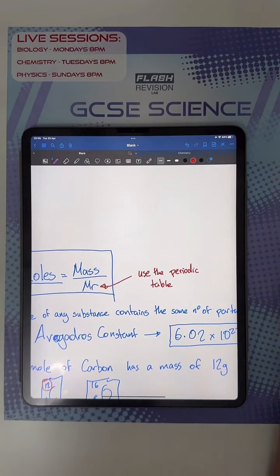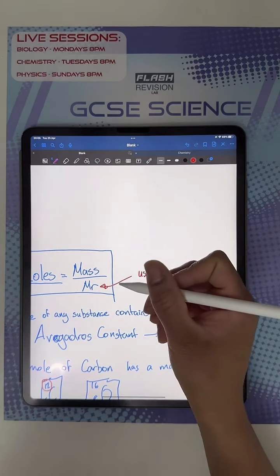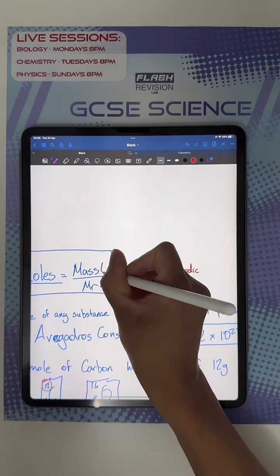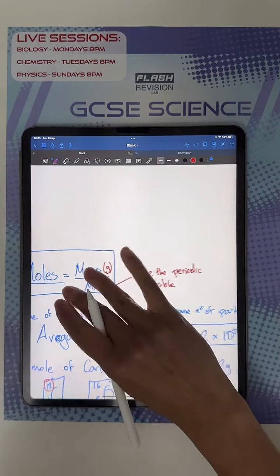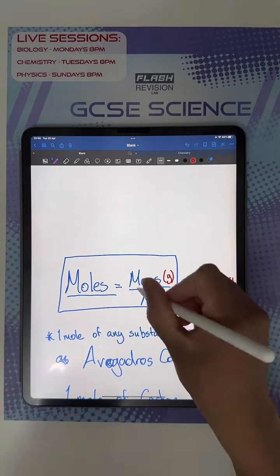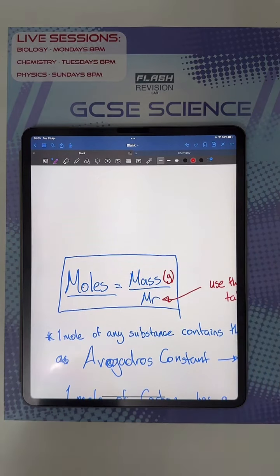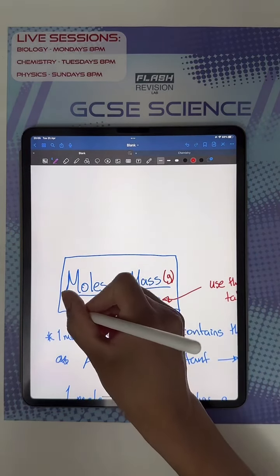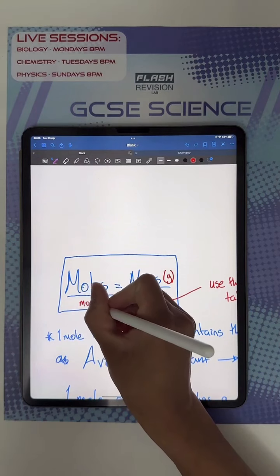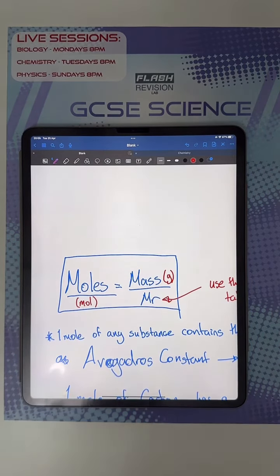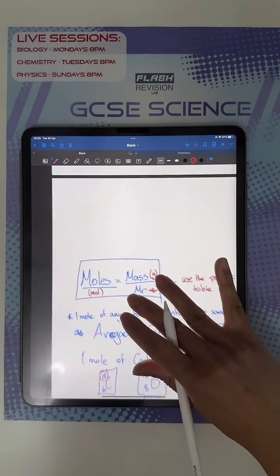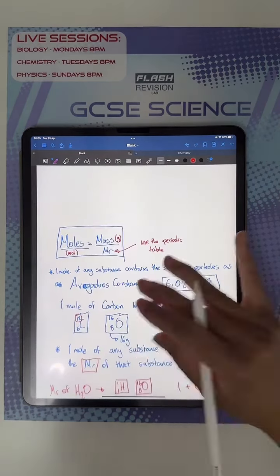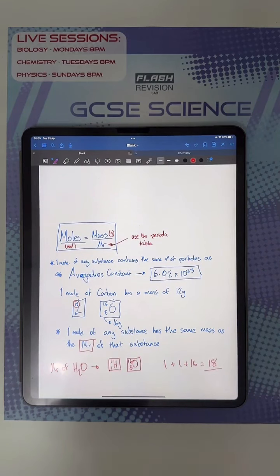So mass would be, what would mass be measured in usually? What were the units? Grams, exactly. So it won't always be grams. You'll see some examples where it's not grams, it might be kilograms. But to use this equation, usually you have to have it in grams. And the units for moles is literally just moles, MOL. That's the units for that. Okay, so that is just a quick summary. We'll add to this if anything else comes up.